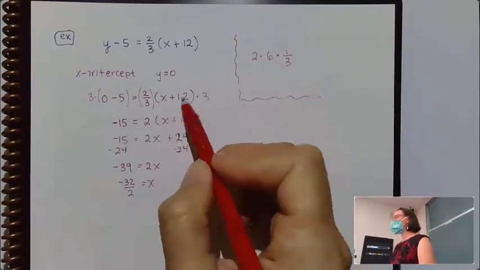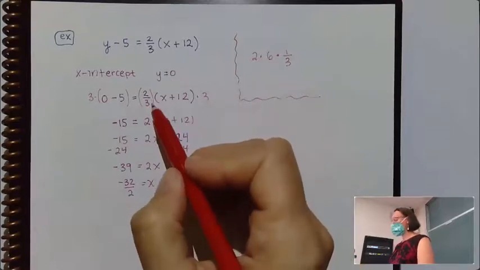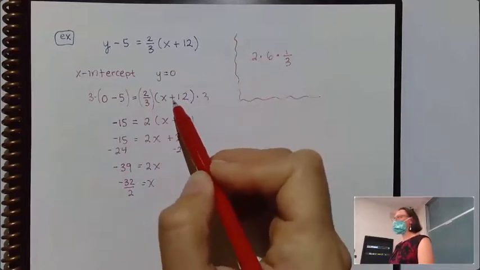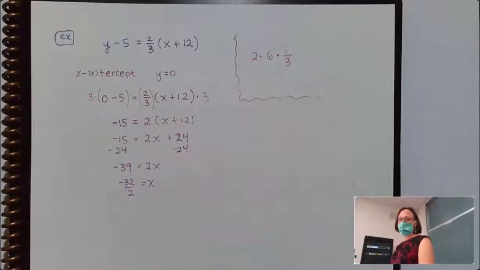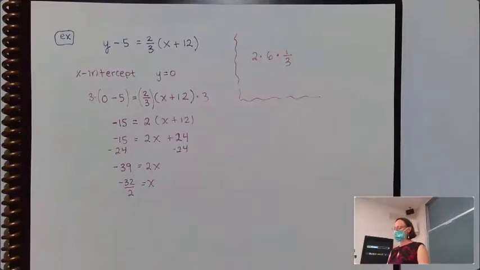And I can choose what order to multiply them in. So I chose the order of 2/3 times 3 and then times this other thing. It is confusing and a stumbling point for lots of people. And I think your brain wants to distribute stuff.